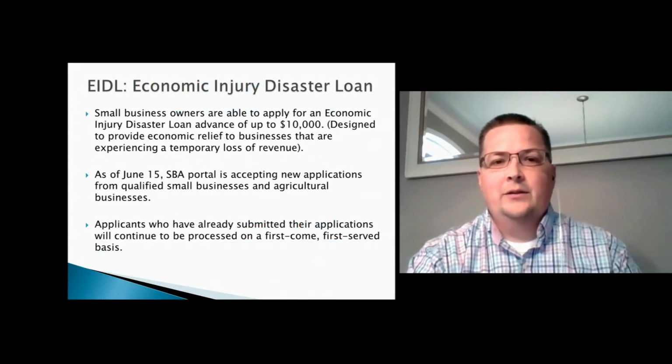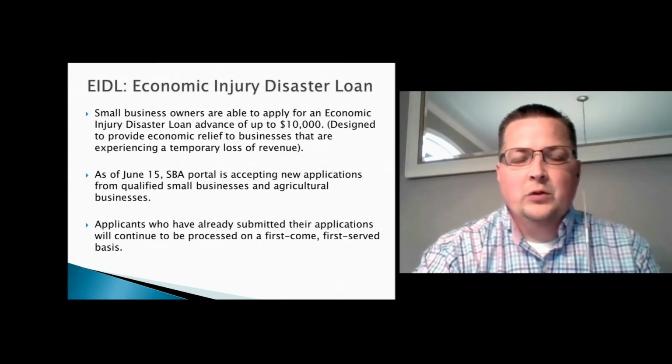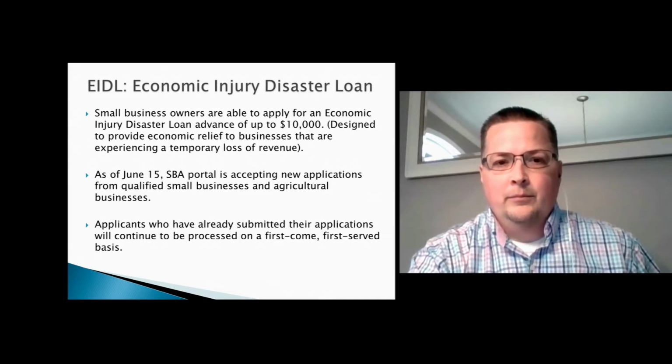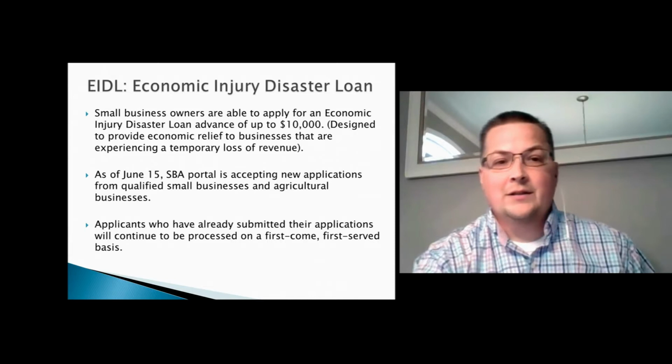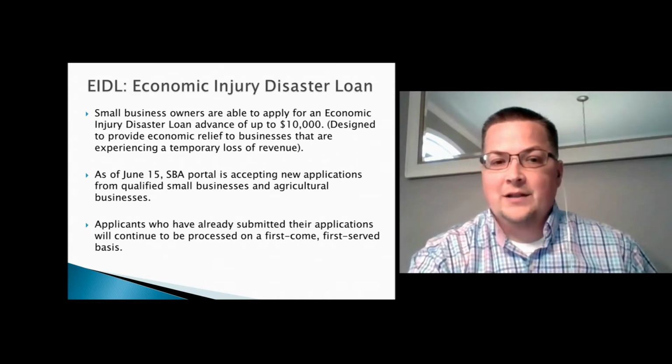The EIDL, also known as the Economic Injury Disaster Loan, was the first one available to businesses, the first one that they could apply for. My understanding is that this loan has been around for some time, but only in nationally declared disaster areas.